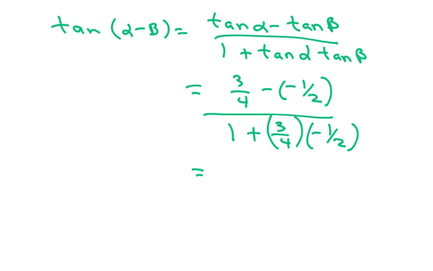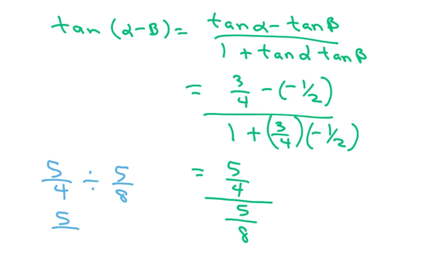And this simplifies to 5 over 4 divided by 5 over 8. And if you remember, this is the same as 5 over 4 times 8 over 5. And that cancels. So 8 over 4 is 2.